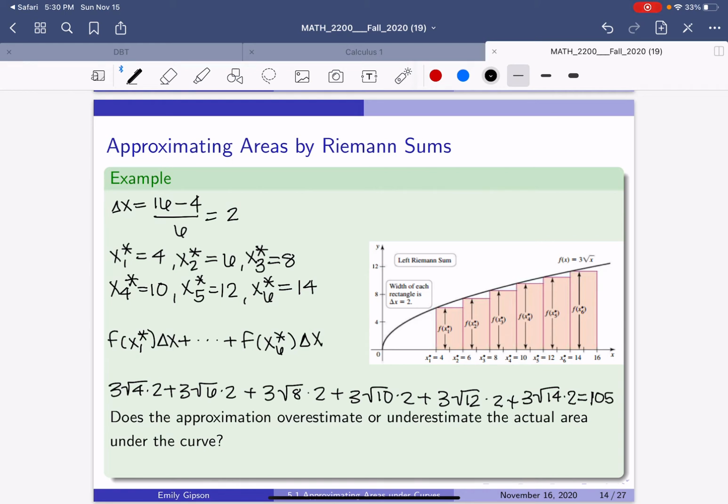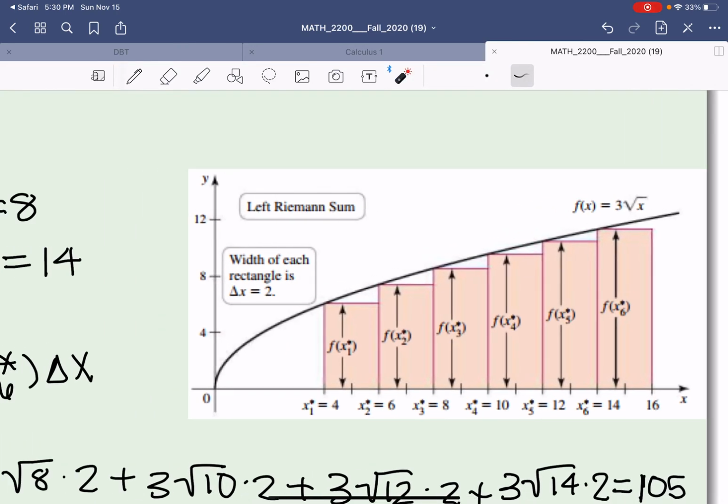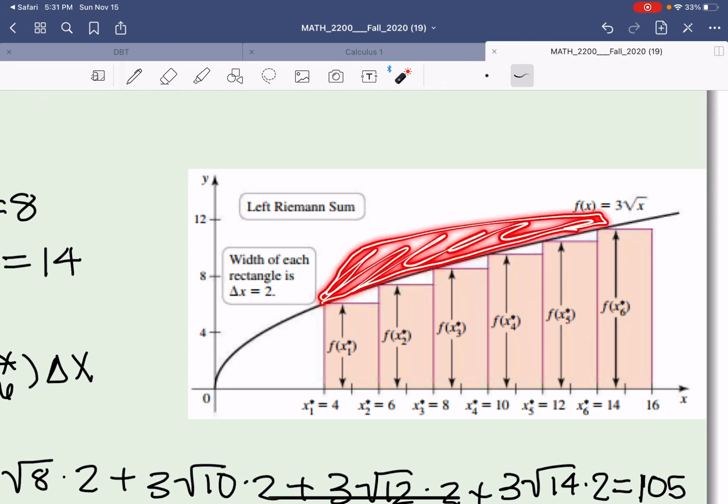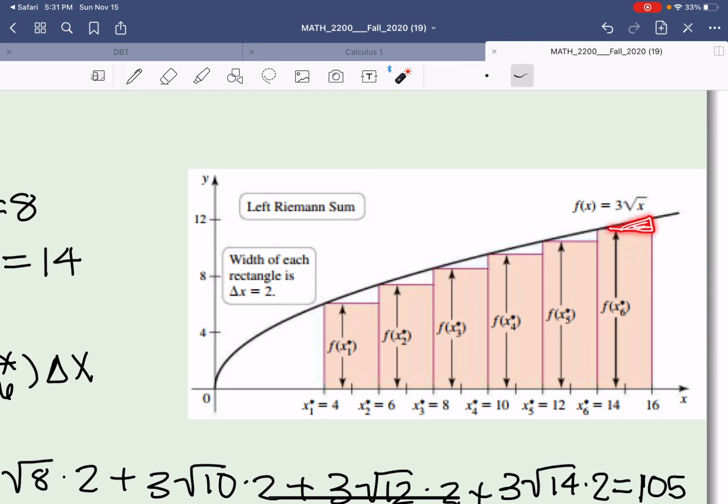So the question here is, does the approximation we have overestimate or underestimate the actual area under the curve? And if I zoom in really far, I can see that nowhere do I have any part of a rectangle above my curve. So it definitely doesn't overestimate. But here I've got a little area left behind, again and again for each of my rectangles.